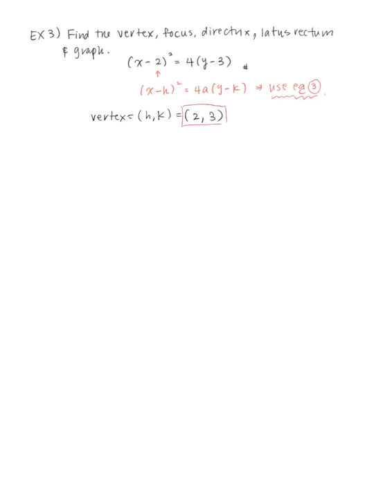Alright, now the next one is the focus. The formula is h comma k plus a. So now we're going to have to find the value of a. Let me just write 2 comma and then 3 plus a.